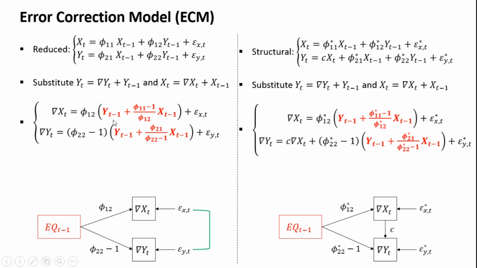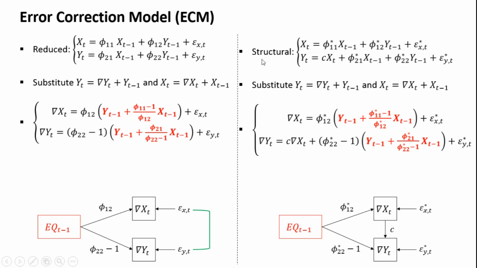The term in red on your screen appears in the two relationships, which signifies that we can estimate the differential of our two stationary variables in function of each other. That is the error correction model.